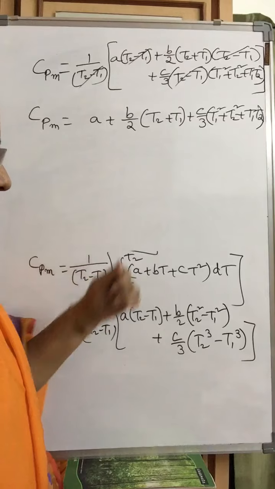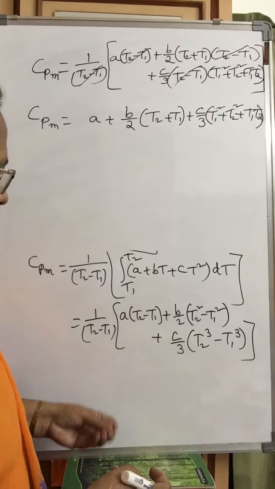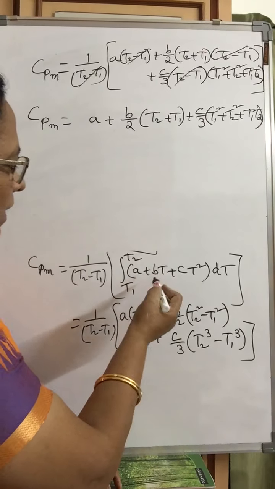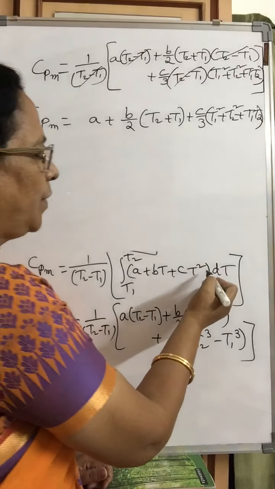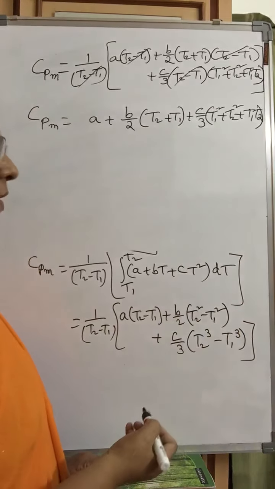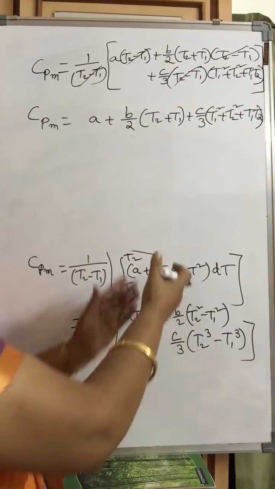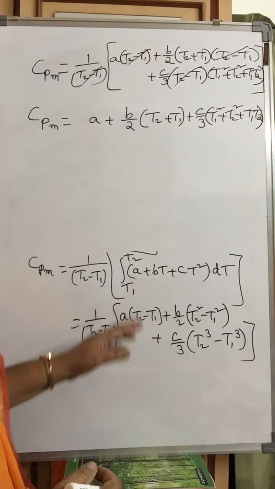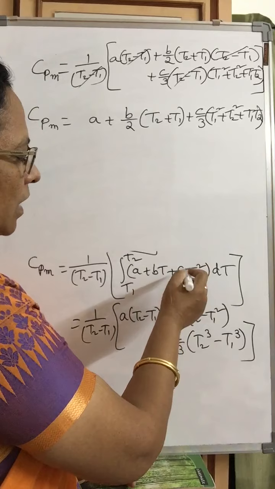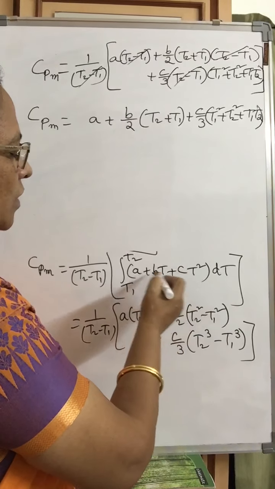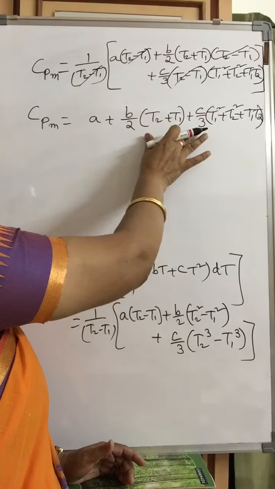Now because this is the first problem, I am giving you one or two more important points. Every problem need not be A plus BT plus CT square. Maybe some problems will have DT cube also, or in some problems only A plus BT. Different forms may be there. For low orders, you can integrate and simplify like this.